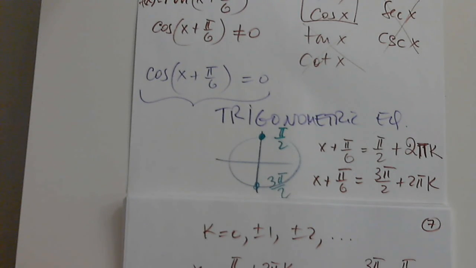The least common denominator is 6, and this one needs a 3. So 9 minus 1. So I got 4 pi over 3. So this is what x cannot be.